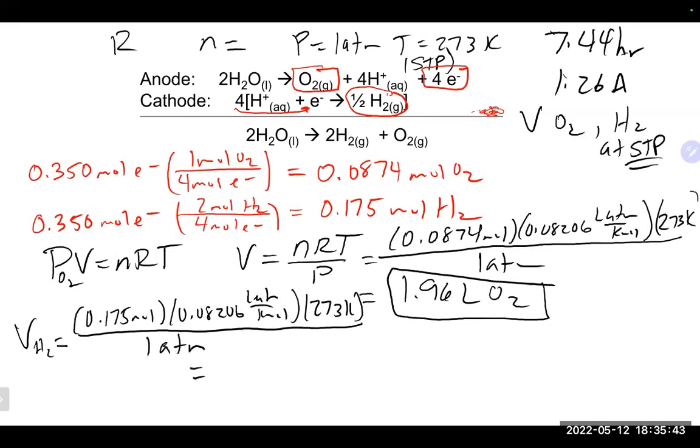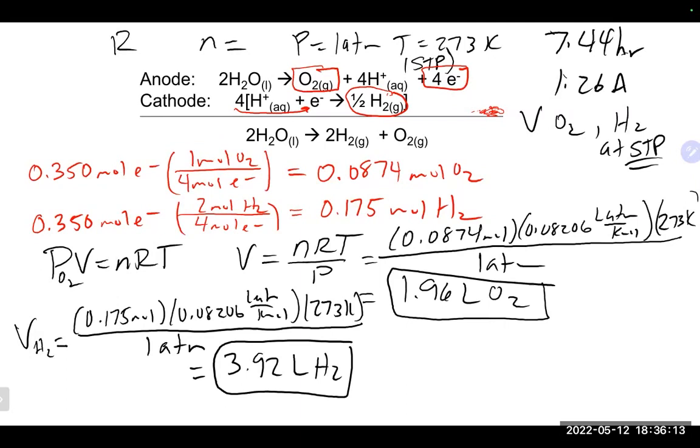For our hydrogen, that gets us about 3.92 liters of hydrogen that would be collected in this case. And that is about a 2-to-1 ratio of gases, right? Twice as much hydrogen as oxygen.